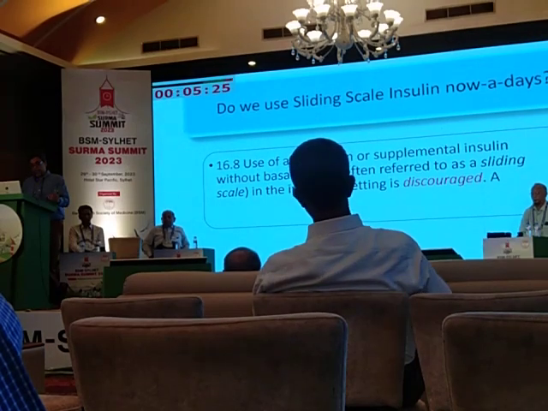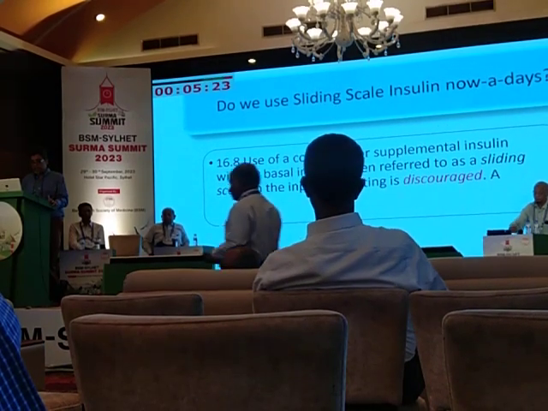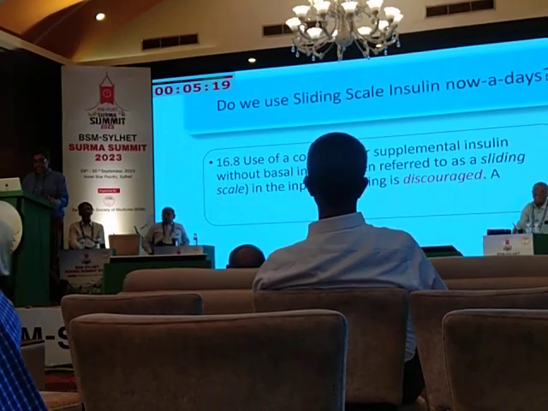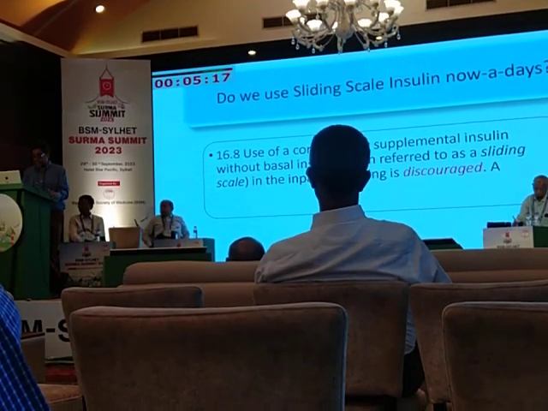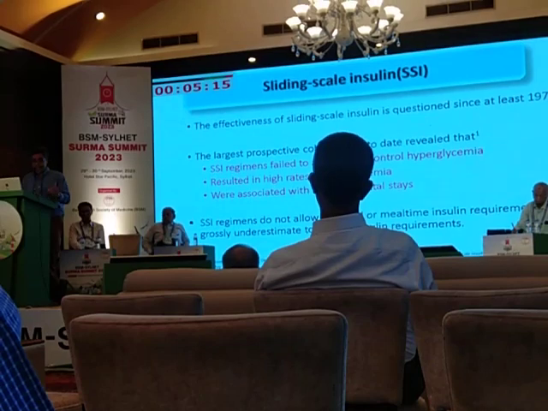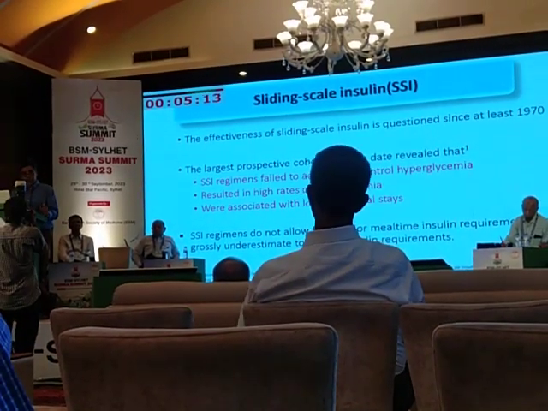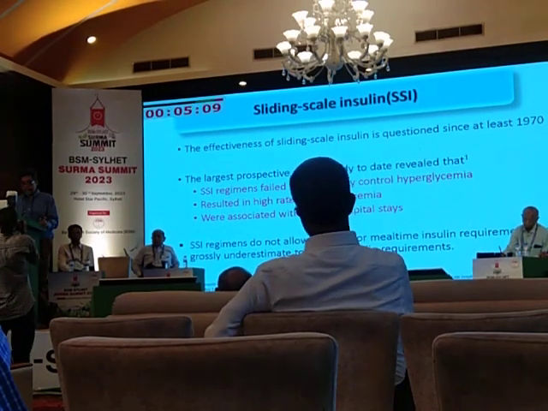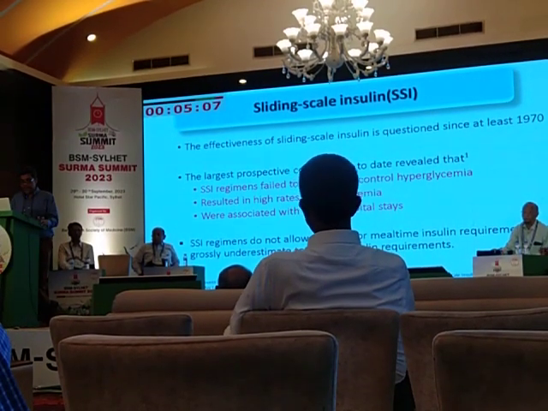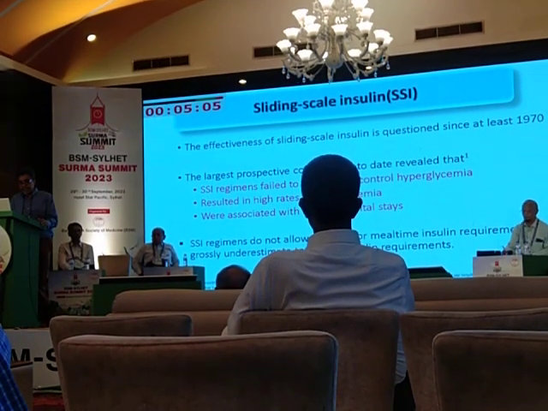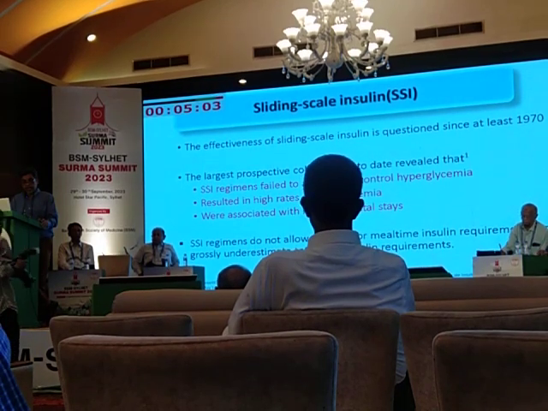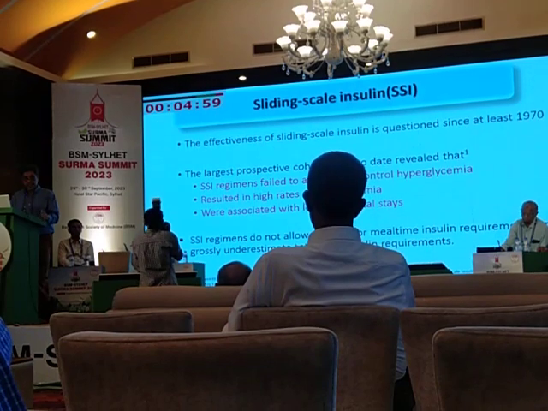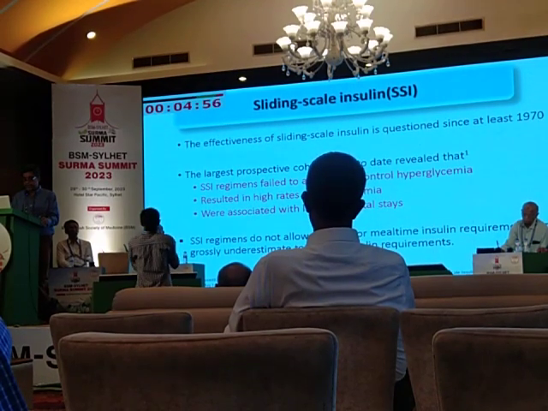According to the consensus, use of correction or supplemental insulin without basal insulin, often referred to as sliding scale, in patients is discouraged. The effectiveness of sliding scale insulin has been questioned since the 1970s. Why? Because sliding scale therapy fails to adequately control hyperglycemia, results in a high rate of hypoglycemia, and is associated with longer hospital stays. So this should be discouraged.